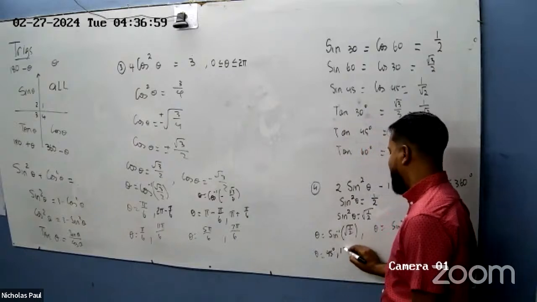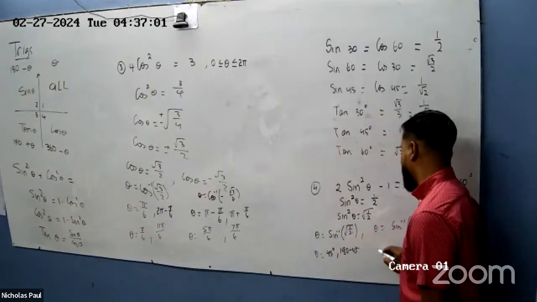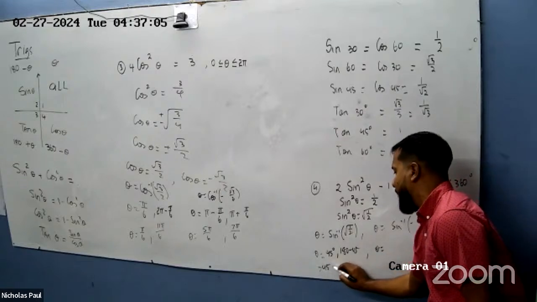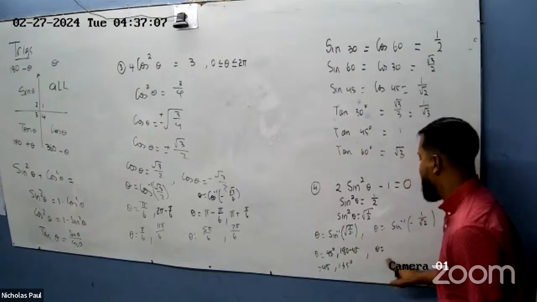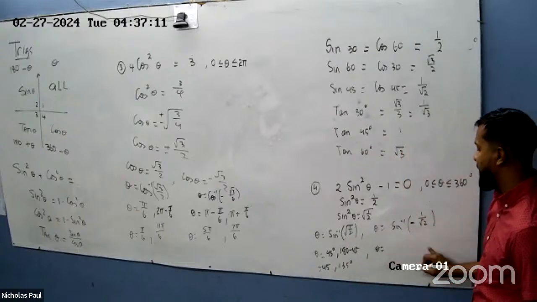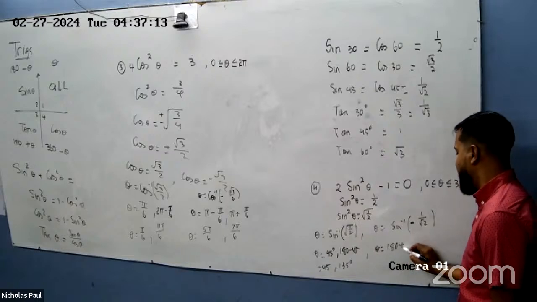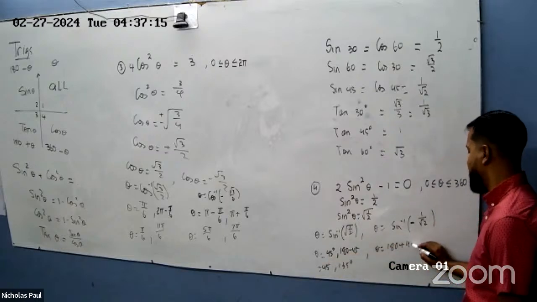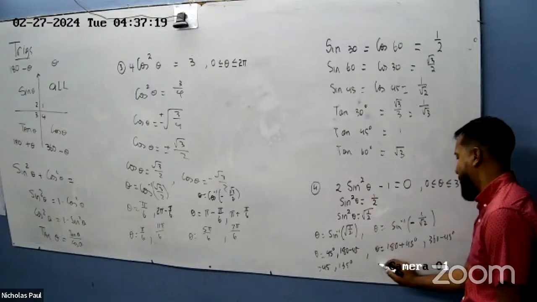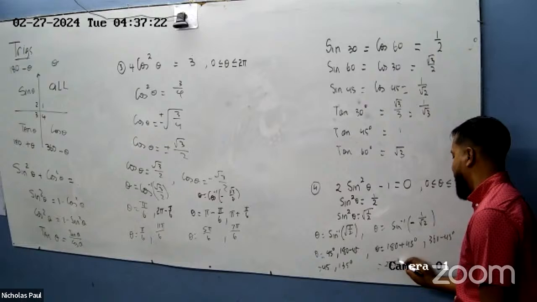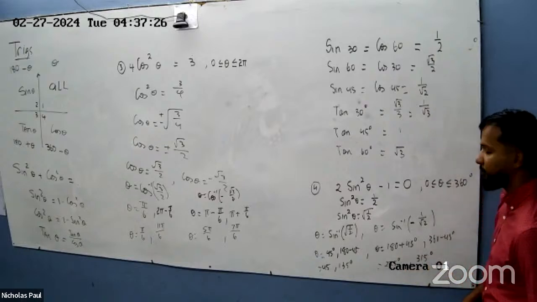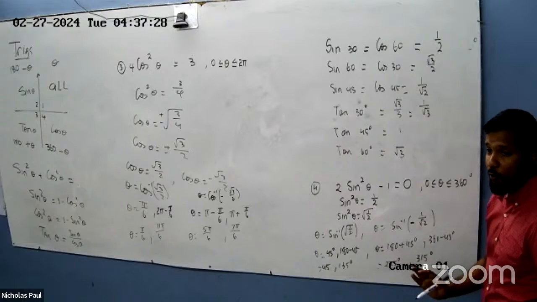And then you will get 180 minus 45. So your 2 answers will be 45 and 135. When it's negative now, you want to get the value in the third and the fourth quadrants. So that'll be 180 plus the positive and 360 minus 45. So that'll be 225 and 315. Okay, those are your 4 answers.